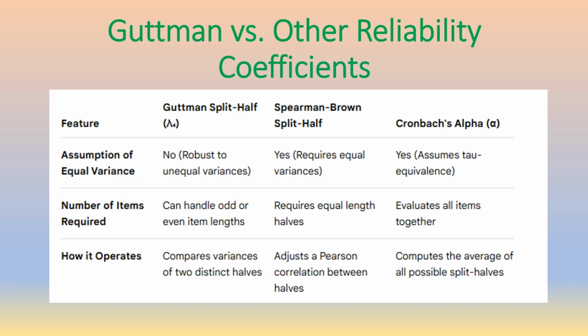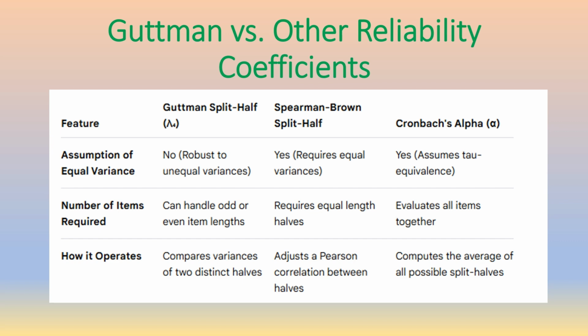How it operates: compares variances of two distinct halves. Spearman-Brown split half: equal variances are assumed. Number of items required: requires equal length halves. How it operates: adjusted Pearson correlation between halves.